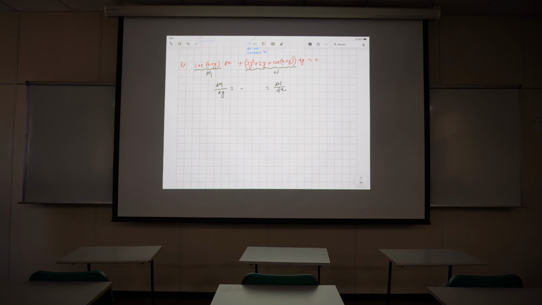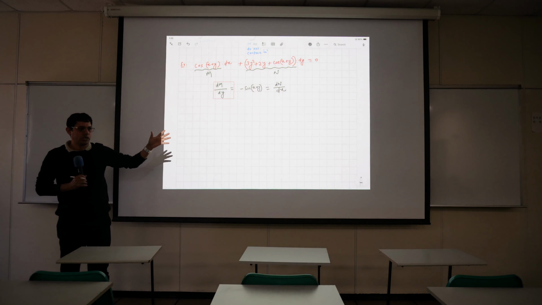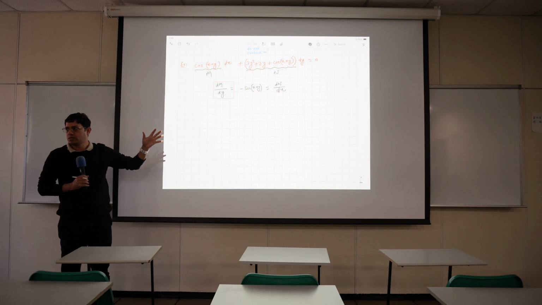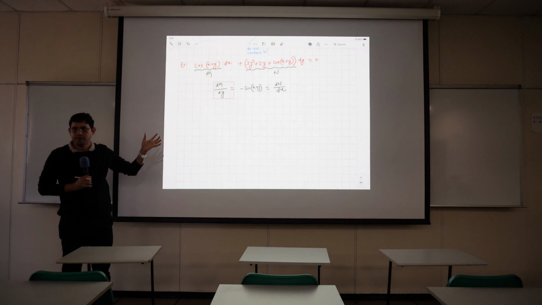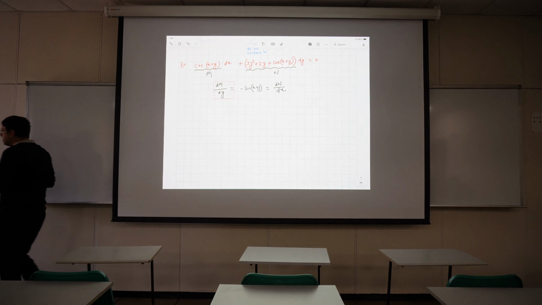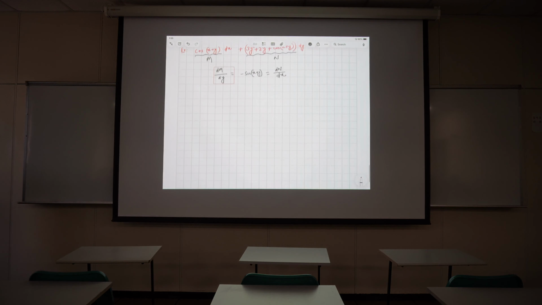We found this one is minus sine(x plus y). So in this case, this is an exact ODE. This is one exact ODE problem. And now we apply this trick, the simple method that I just told you.